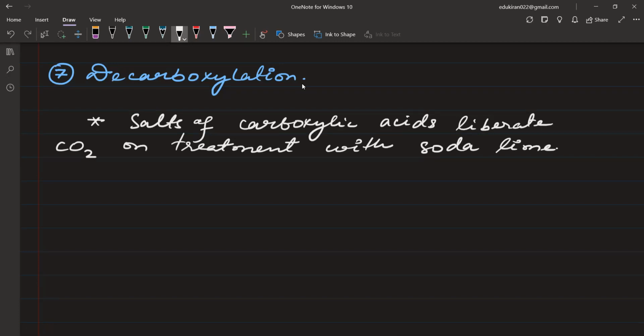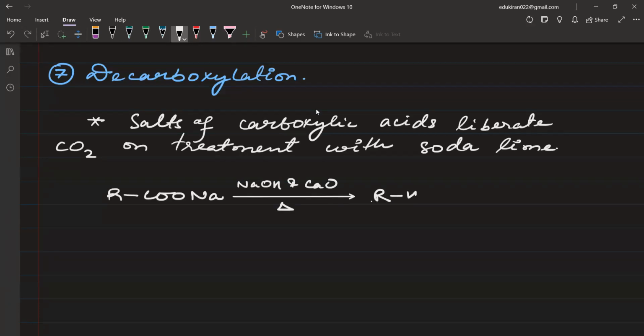Okay. So what is soda lime? NaOH and CaO. So you have RCOONa, the salt. Here you have NaOH and calcium oxide. In the presence of heat, you are going to get RH.